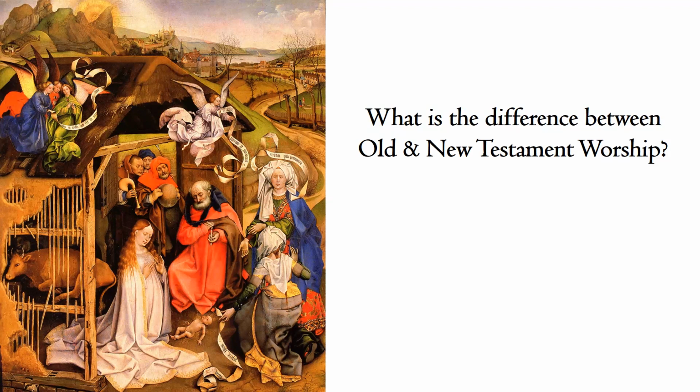If you're on the other side of Jesus Christ on the timeline, then you are worshiping what has already been accomplished. And so the symbols of the Old Testament that we're going to see, like the sacrifices and the washing rituals, those were pictures of what was to come. That was a part of your worship. But in the New Testament, your worship is about the reality of what has already been accomplished.